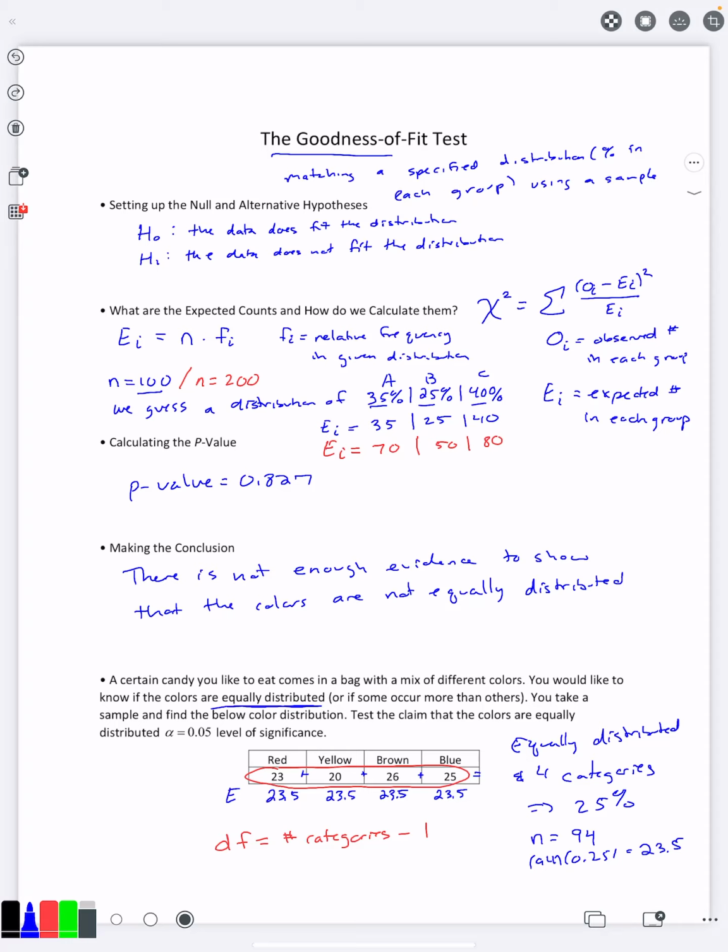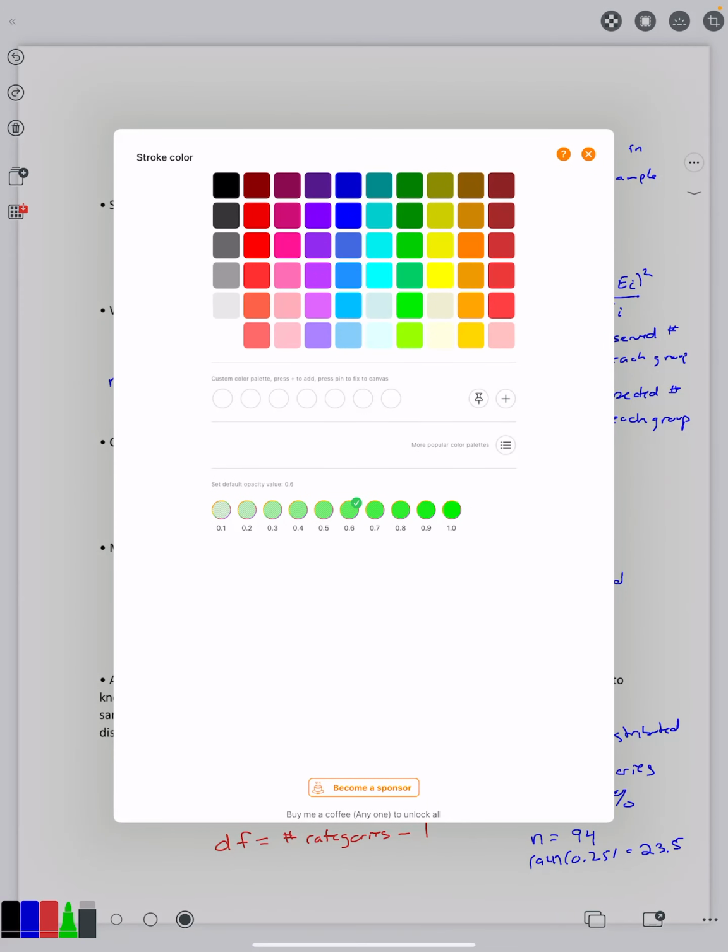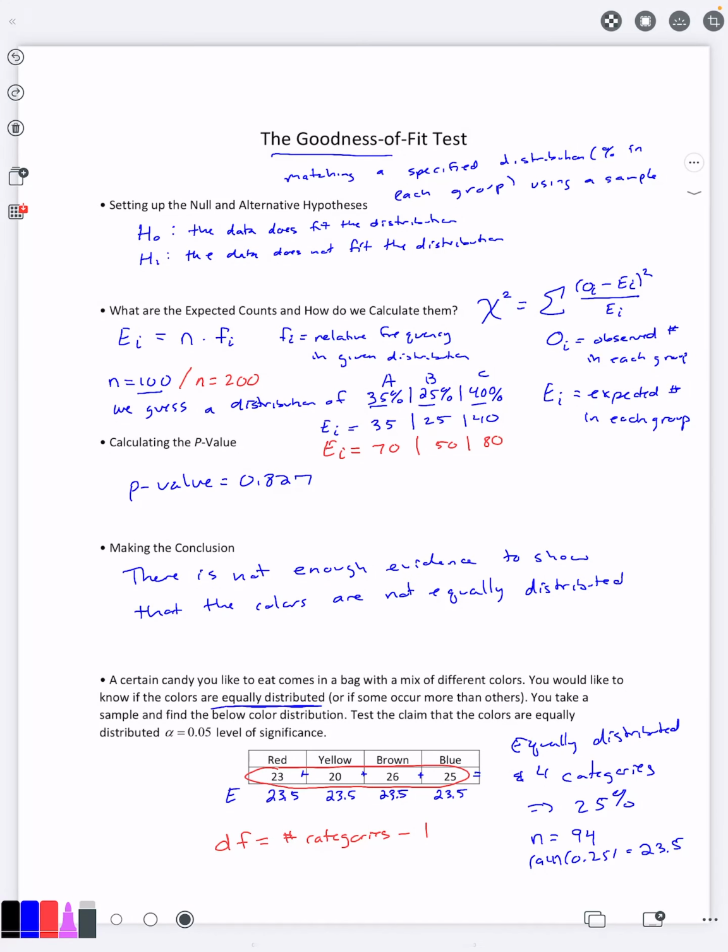If we were to go back through with different data here, just so we can see where it can work out not so nice, let's say something that was really not very even. Let's say there were 40 red, let's say 20 yellow, let's say 10 brown, and I want to keep a 94 sample size. So let's see here, 40, 60, 70, that's a 24.